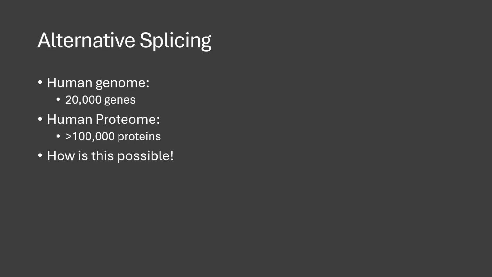So we talked about RNA processing: a cap and splicing, and then adding a tail. There's another function of splicing besides removing introns and shortening the molecule, derived from what's called alternative splicing.